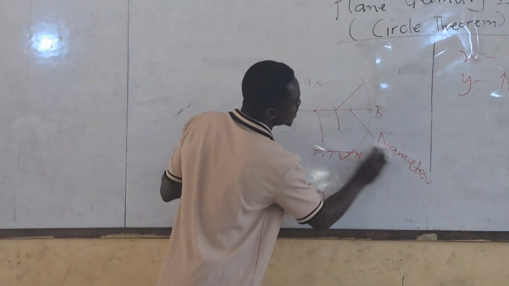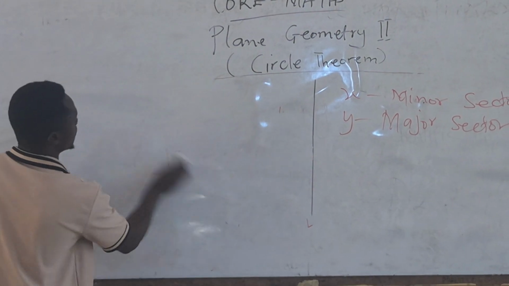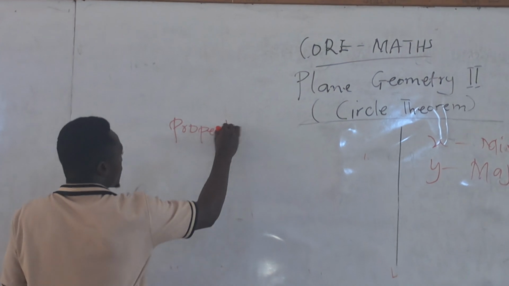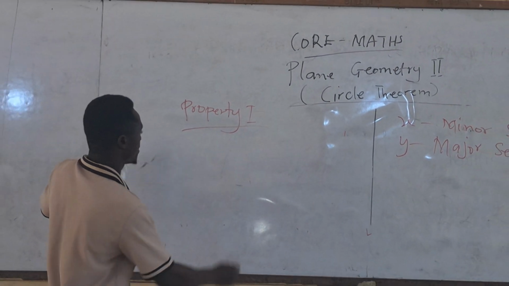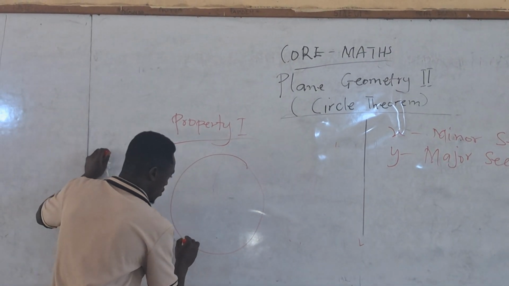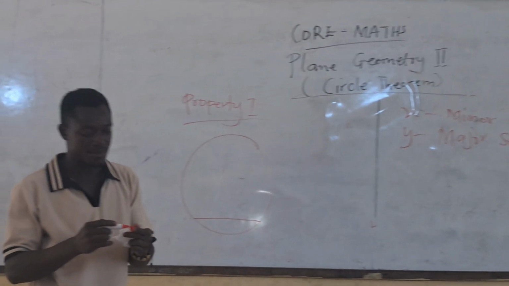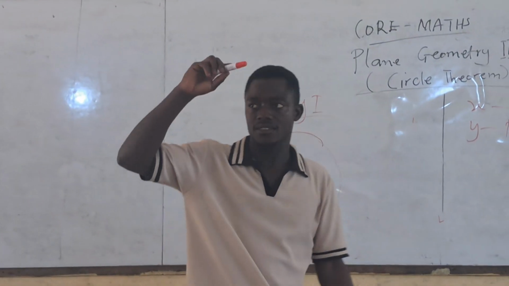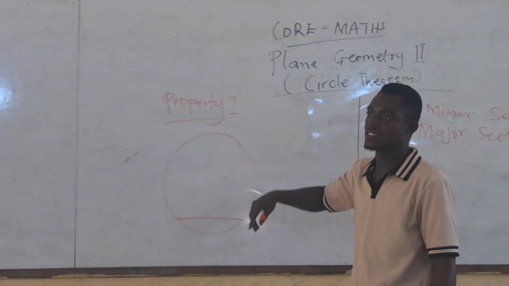So property 1 is saying that when you have a circle with a chord and it's forming an angle, the angles formed from the chord to any part of the circle are equal.